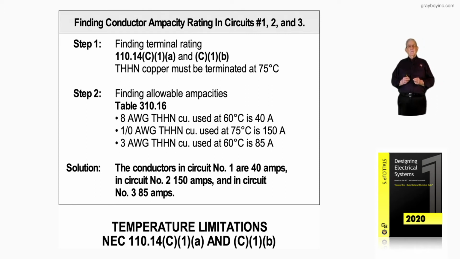We're reviewing now 110.14 C1A and C1B, and THHN copper conductors are terminated at 75 degrees C. So based upon that, we could go to step 2, and a number 8 THHN copper conductor, even though it's a 90 degrees C ampacity, would have to be terminated at 60 degrees C, so it's only good for 40 amps, even though the 90 degree column is listed at 50.